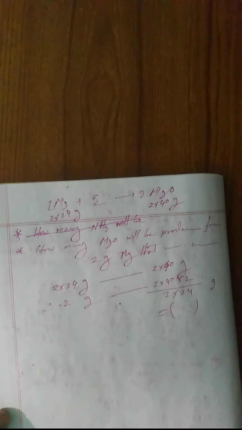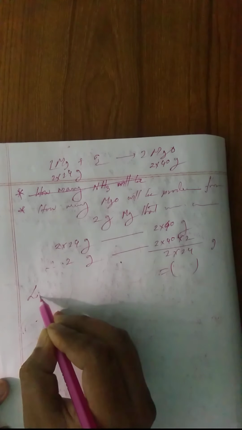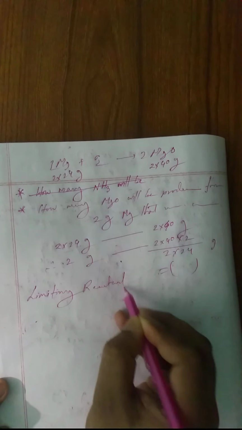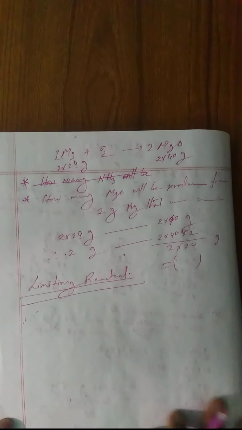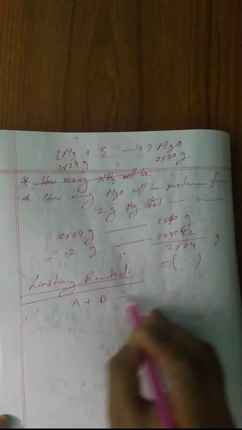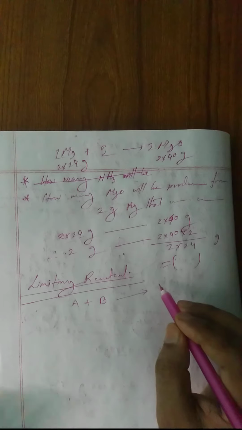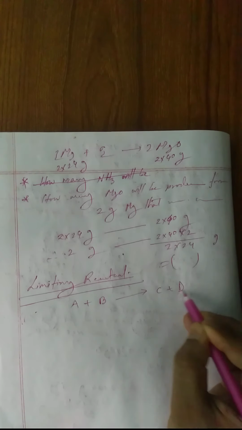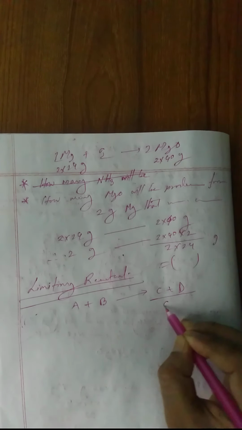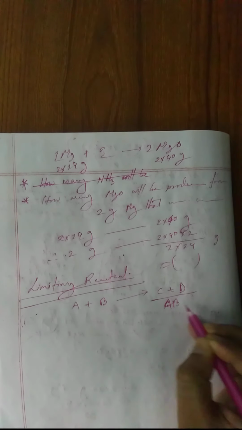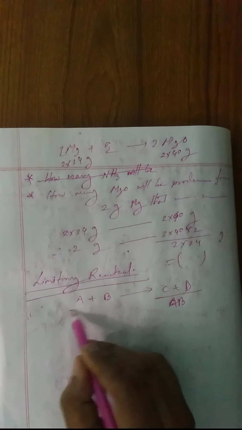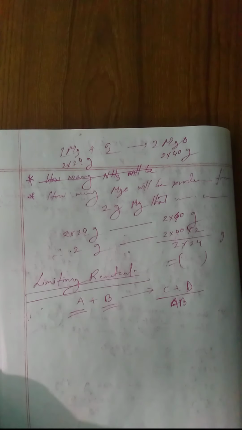Next term, limiting reactant. Suppose A and B react with each other and produce C and D. This A and B both are reactants.